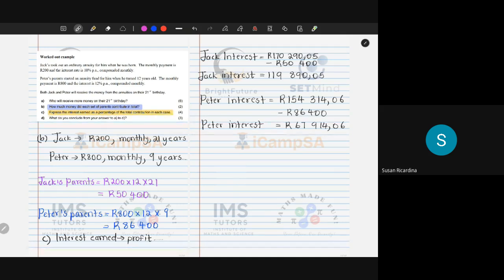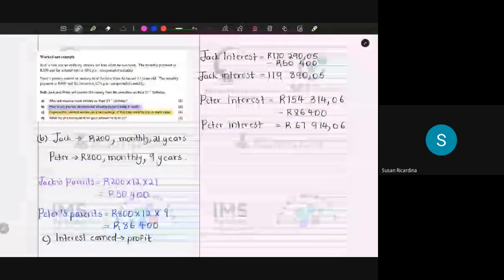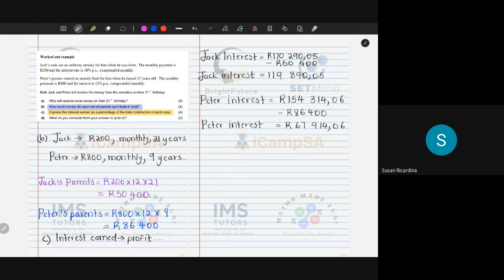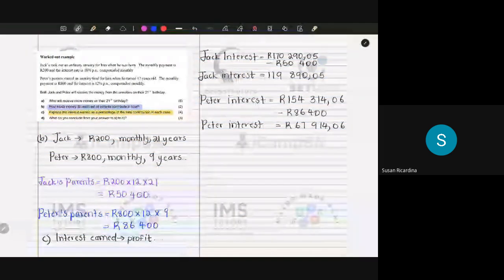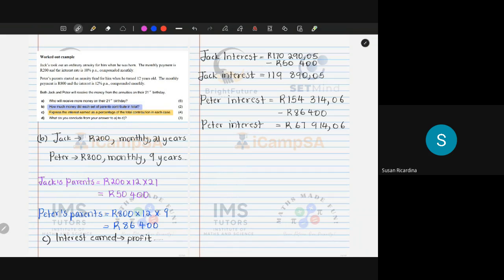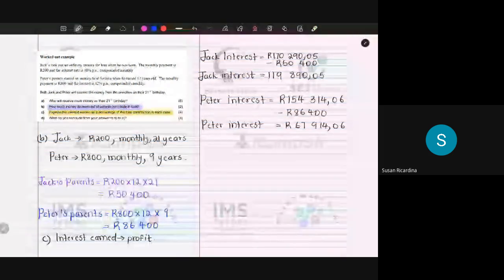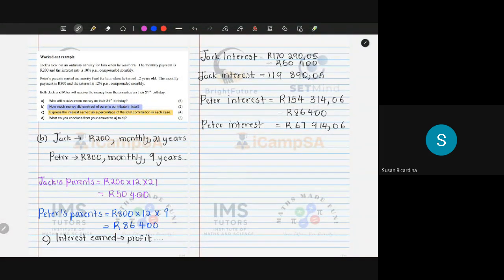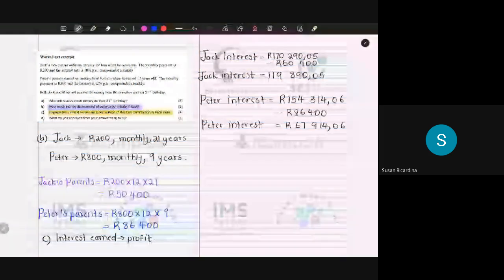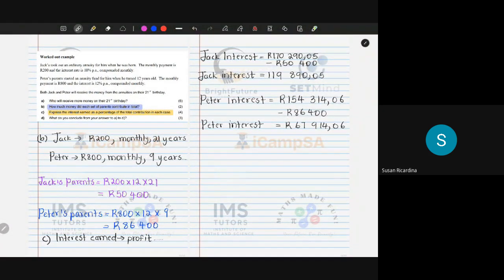So that is what Peter has as interest. But if you read the question, they say express the interest earned as a percentage of the total contribution in each case. So what do you think we should do, guys? We have the actual amounts, but they want us to make it a percentage of the total contribution. So what should we do?